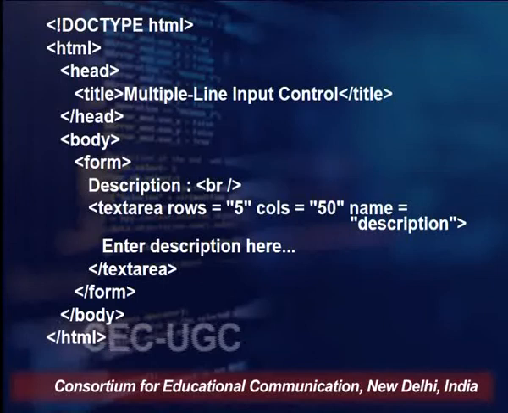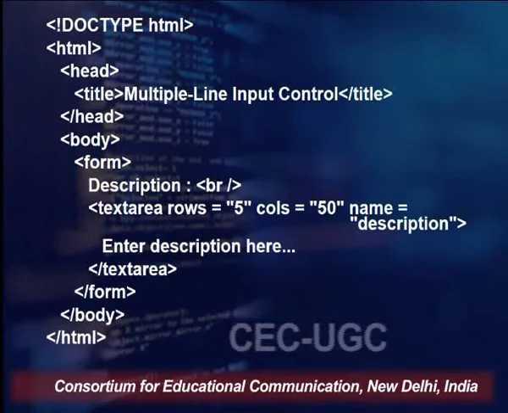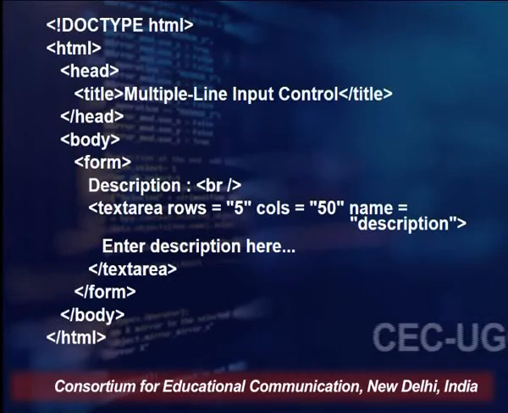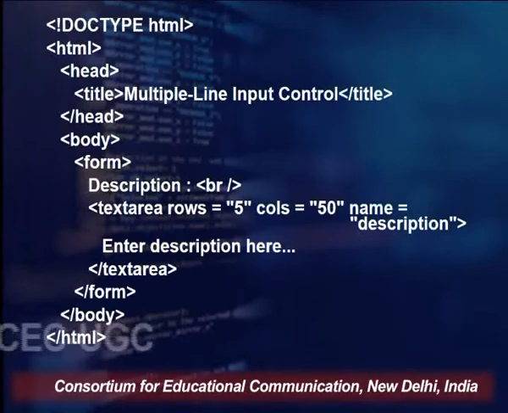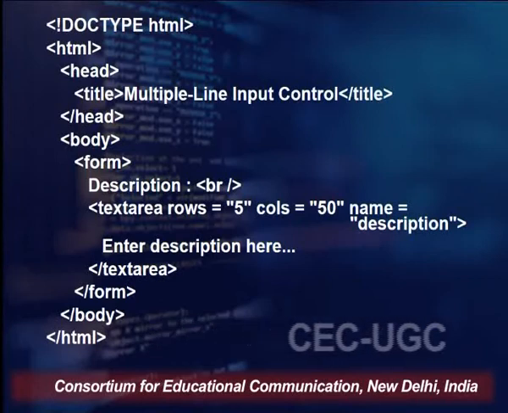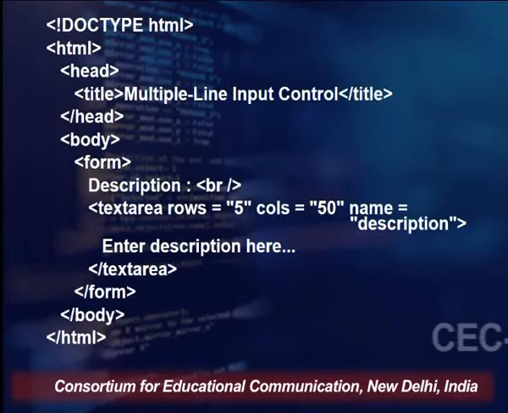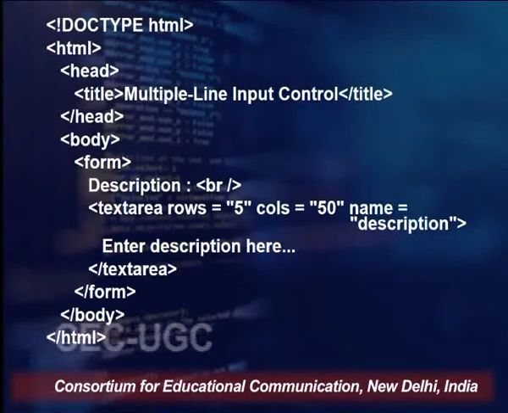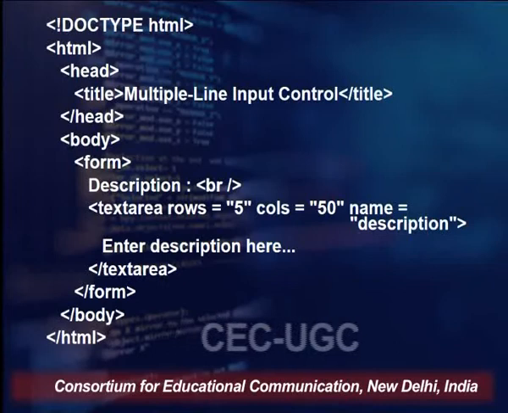I have told you earlier that this name is required in order to capture the data of this control when it is processed through a scripting language or other programming code. We could have simply closed the textarea, but we have written Enter description here, and then closed the textarea.